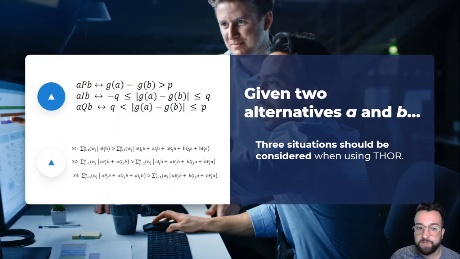In the S2 context, the attractiveness of the alternative is scored in situations of strong, the APJB, and weak, AKJB preference. In the S3 context, the attractiveness in situations of strong preference, weak preference, and indifference are pointed out. So, S1 is considered the strictest scenario, while S3 is the most flexible. So this is an example of the use of the THOR method, the original method.